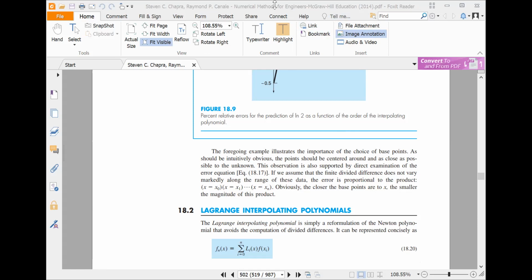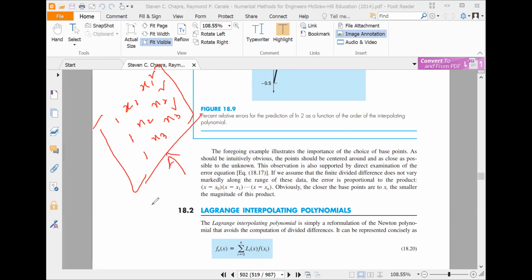If you want to find a third order polynomial, the matrix will have rows of 1, x1, x1 square, then 1, x2, x2 square, then 1, x3, x3 square, something like this. This will be the nature of your matrix. This type of matrix is ill-posed.